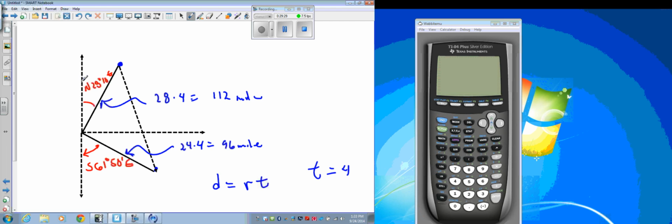The angle from here all the way down to here is how much? 180. And so if we subtract the sum of these two from it, that should give us that angle, isn't it? So that means that if it's 90, the sum of these two is 90. Okay, so we can kind of use some deductive thinking.